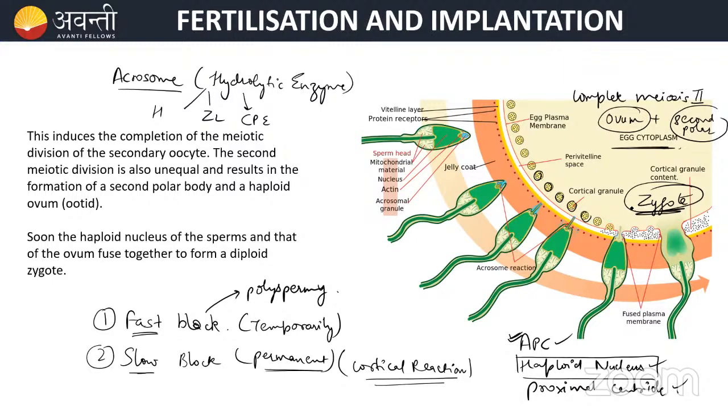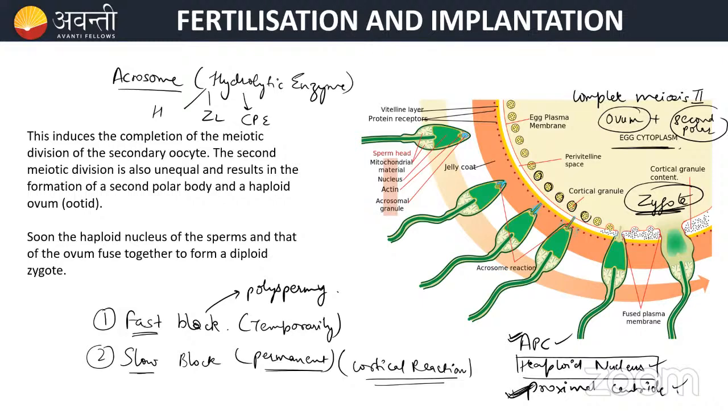Now, once the zygote is formed, this zygote has to undergo mitotic division to form the embryo. For mitotic division, it requires spindle formation, and for spindle formation, it requires the centriole, right? Then how is it going to get the centriole? So that centriole is contributed by the sperm.